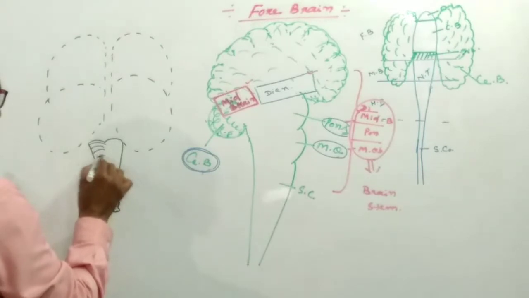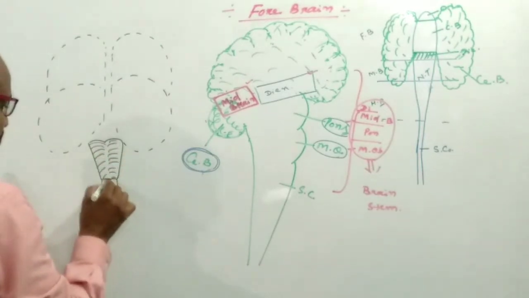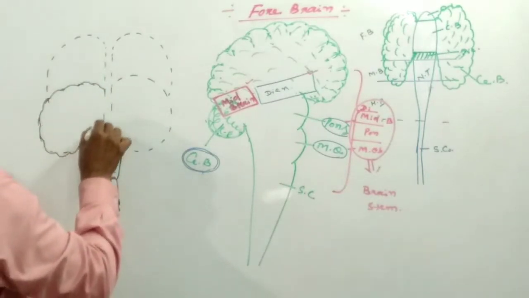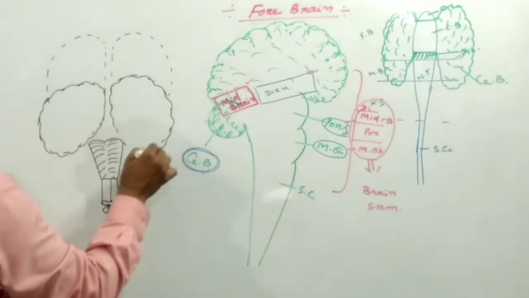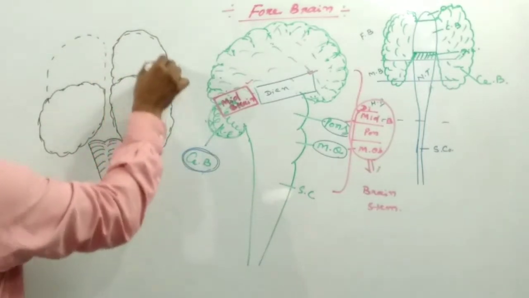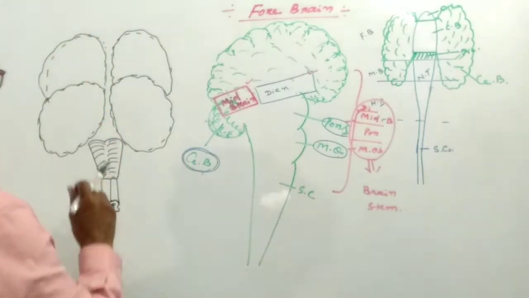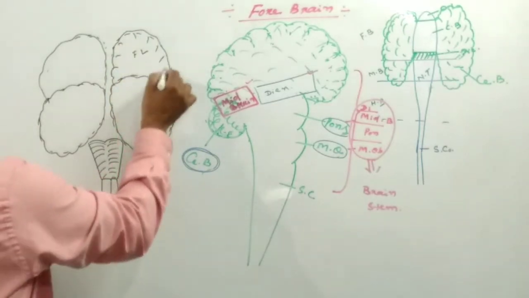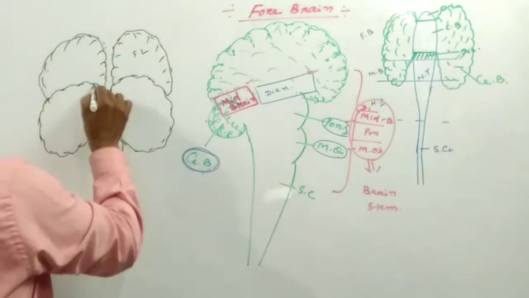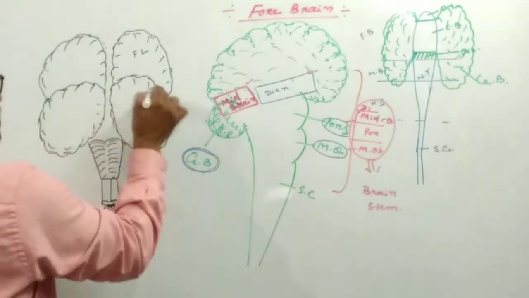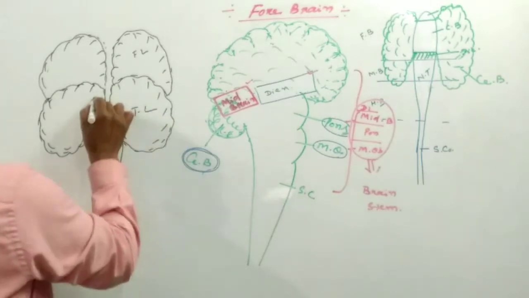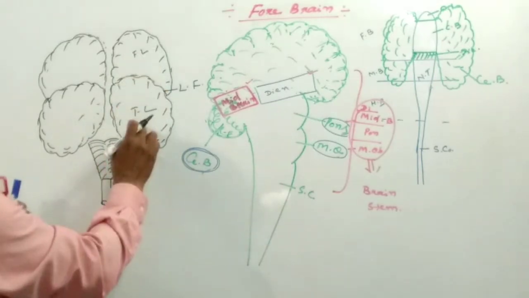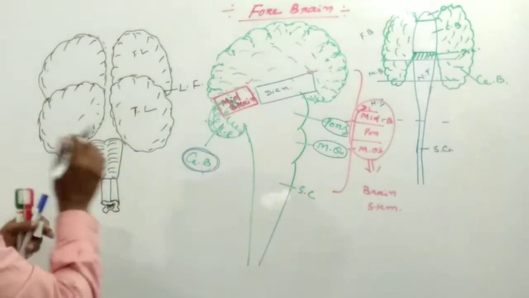This is the frontal lobe of the cerebrum. I will go through the frontal lobe and different lobes of the cerebrum. This is the temporal lobe, and this is the lateral fissure which divides the frontal lobe from the temporal lobe.